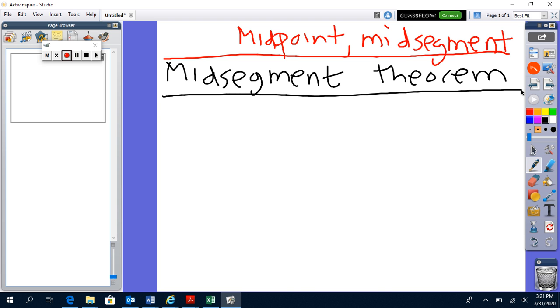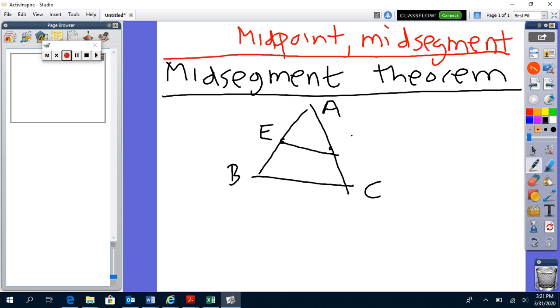Okay, and what this says is, let's say we have a triangle, A, B, C, and I'm going to label 2 points here.